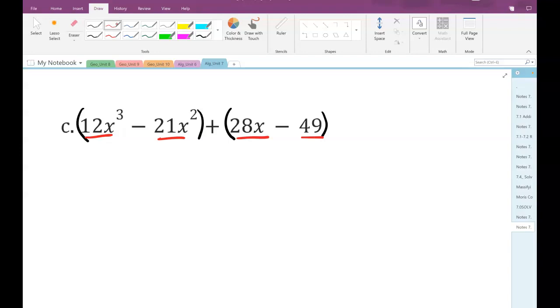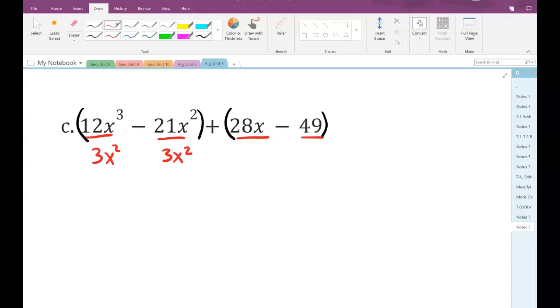All right, you can check your work off of mine. Between 12x to the third and 21x squared, your greatest common factor would be 3x squared. The factors of 12 are 1, 2, 3, 4, 6, and 12.